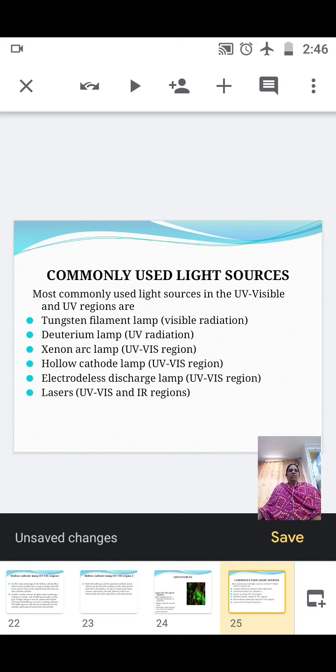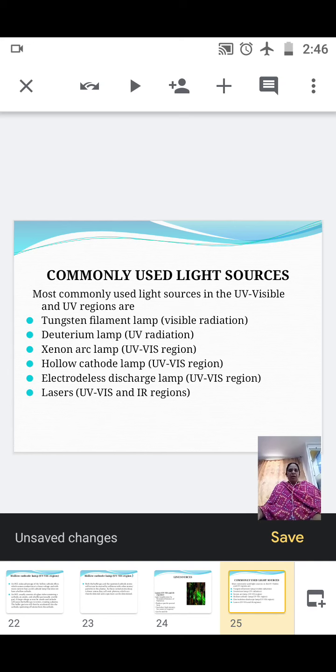The line sources emit only a few discrete wavelengths of light. Intensity is a function of wavelength. They are used for molecular, atomic and Raman spectroscopy. The most commonly used line sources are electrodeless discharge lamps, lasers and hollow cathode lamps.